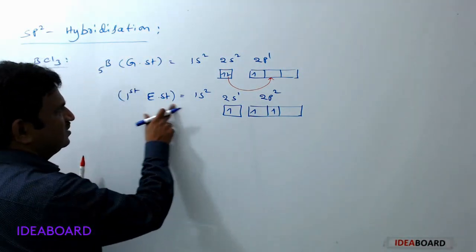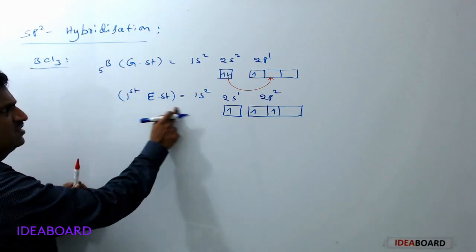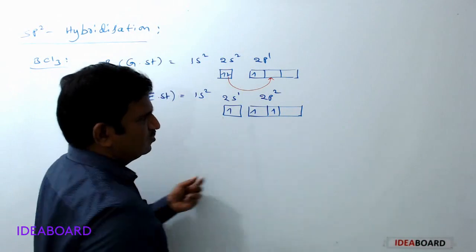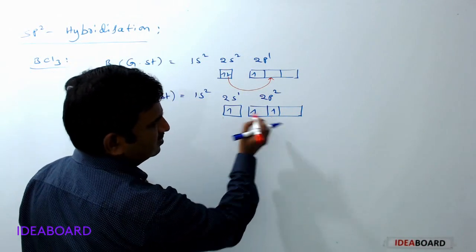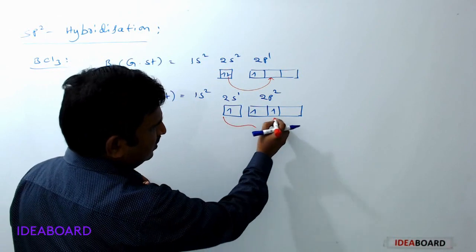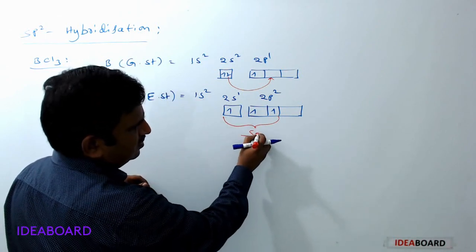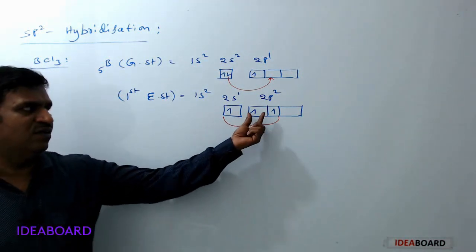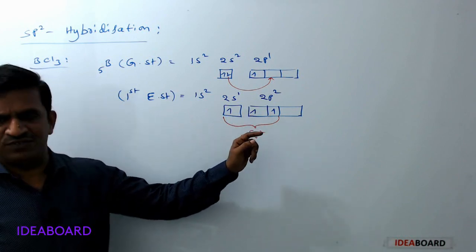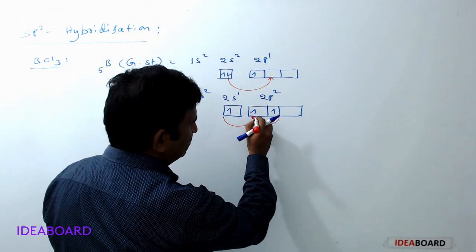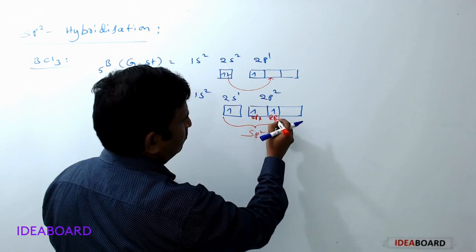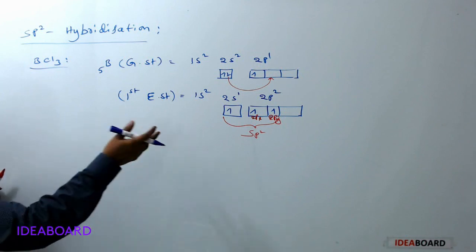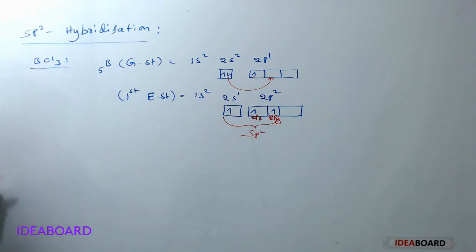In this first excited state of the boron atom, the 2s orbital and two 2p orbitals, suppose 2px and 2py, undergo intermixing and form sp2 hybrid orbitals. So 2px and 2py orbitals intermix with the 2s orbital and give the sp2 hybrid orbitals.